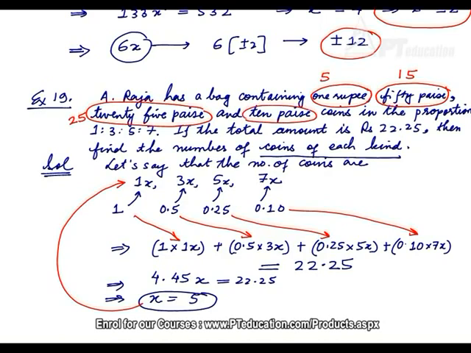And 10 paise denomination will be 7x. So that will be 7 into 5, which will be 35. So 5, 15, 25 and 35 are the 4 answers that we wanted. Question 19 has been solved.